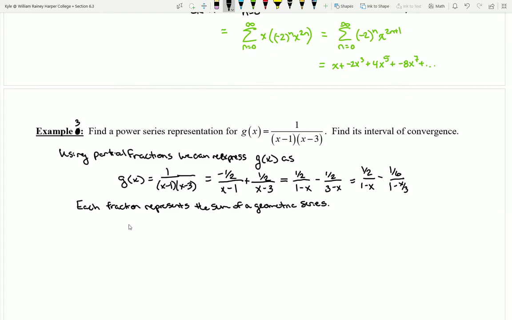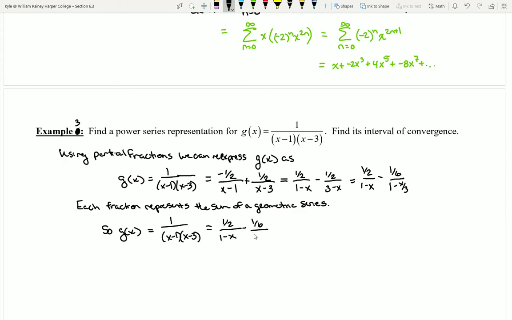And I can be more specific. I can say g of x, which again is 1 over x minus 1 times x minus 3, which I can rewrite as each of these two separate fractions now.